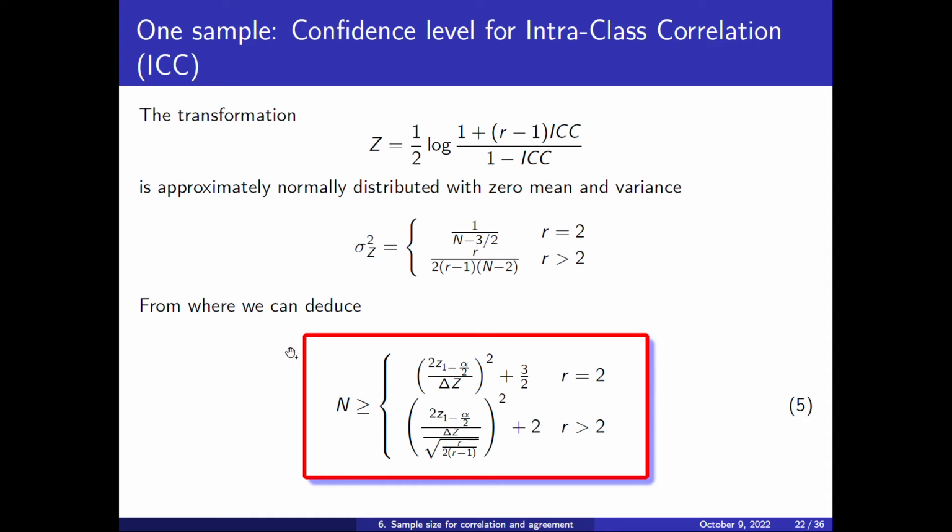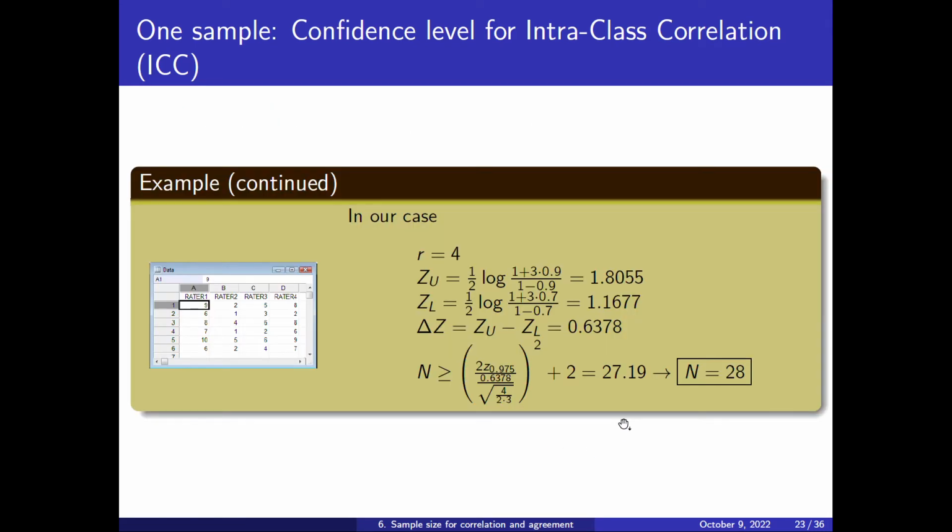From this Gaussian approximation we can already compute the sample size. The sample size is related to the confidence level, divided by the normalized effect size. Because we have two variances, we will have two formulas, depending on how many raters you have. In this case we have R equal 4.